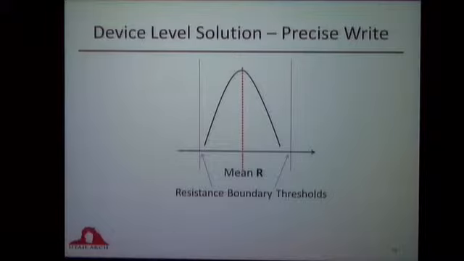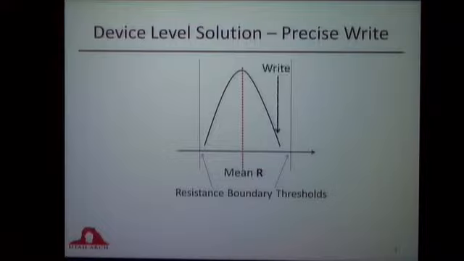So in one of the device-level solutions, we propose what we term a precise write. Let's consider the case of a particular cell with a Gaussian distribution assumed for both initial program resistance and alpha values. In this case, I just consider the initial program resistance. What ends up happening in the worst case write in this particular distribution of initial program resistance is that your worst case write has only this amount of margin to drift and hence cause an error.